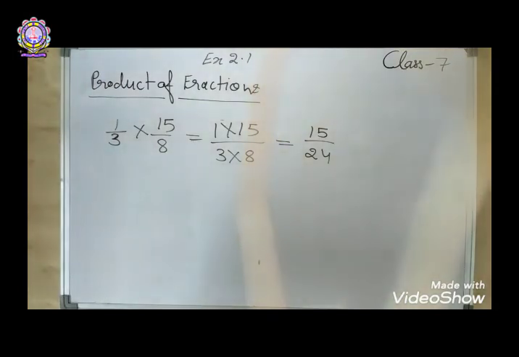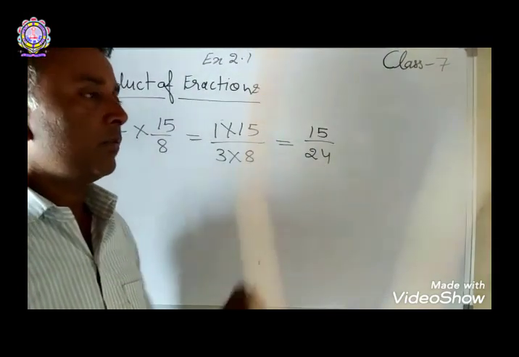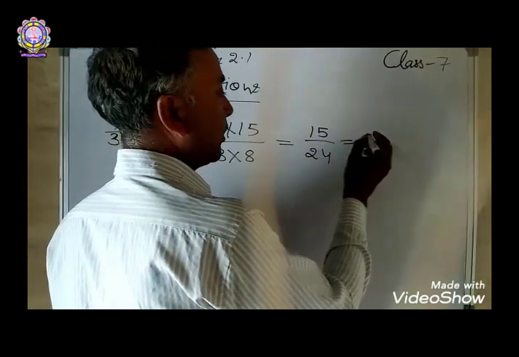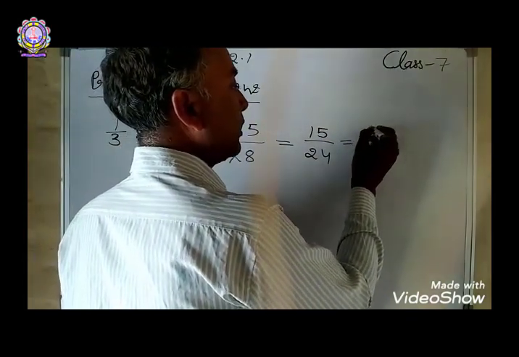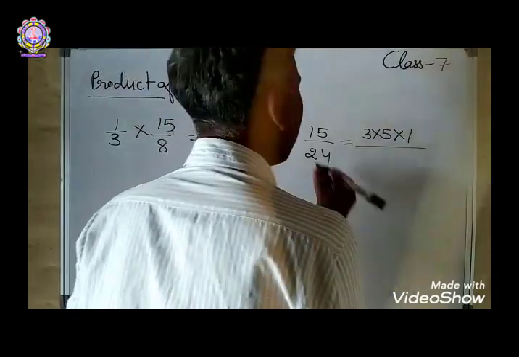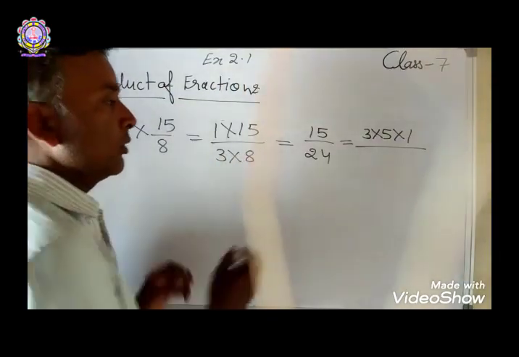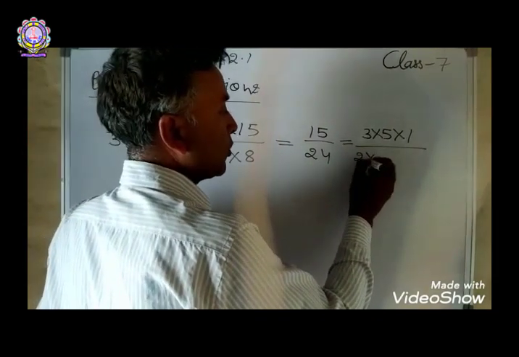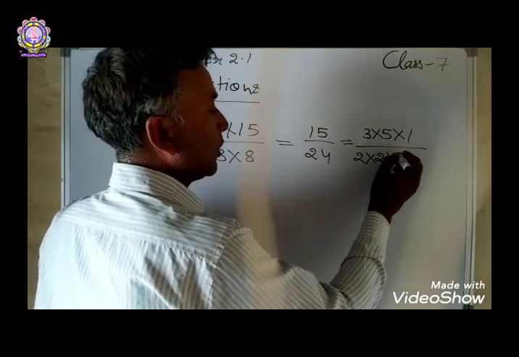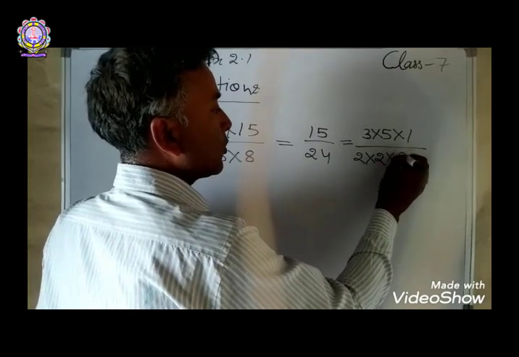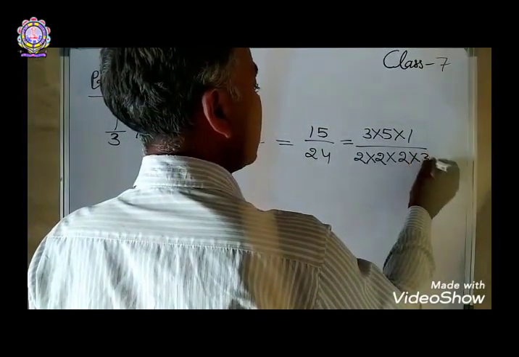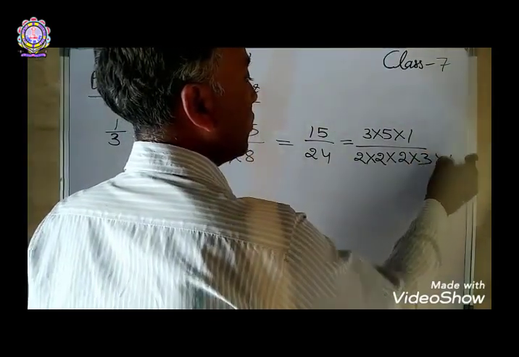And now find the prime factors of 15 to get the simplification. How? 3 into 5 into 1 upon 24. 2 2s are 4, 2 4s are 8, 3 8s are 24 into 1.